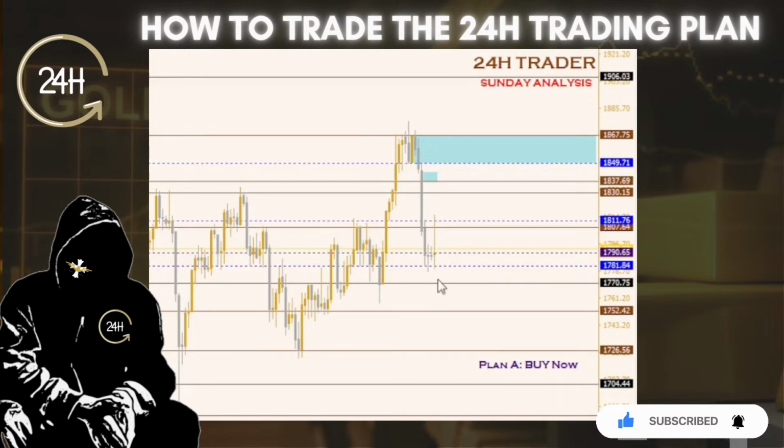The market opens when the Sydney market opens, currently at 6 a.m. GMT plus 7. So you can adjust the time to your server time or your local time.